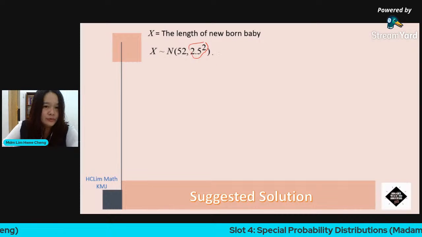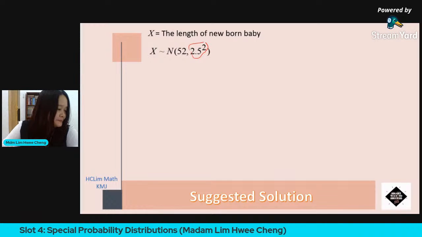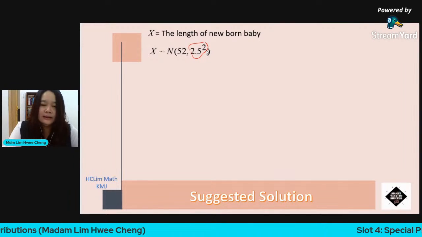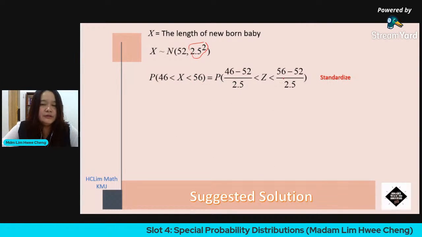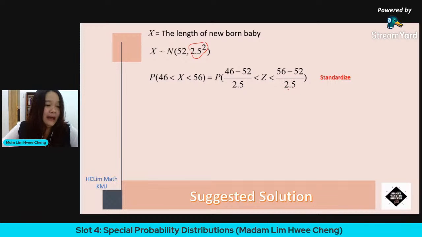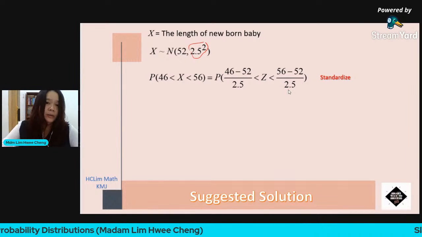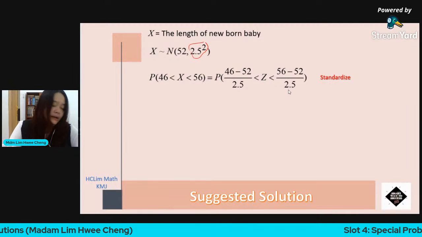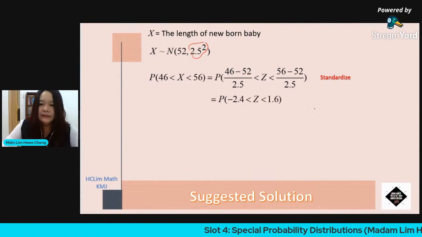So if you want to write the notation of the normal distribution, you must write 2.5 to the power of 2. Okay, after this, we say that the normal length is between 46 and 56. Then we just standardize, because this originates from a normal distribution. We just need to do the normal standardization. Then we calculate. Okay, I will get this.